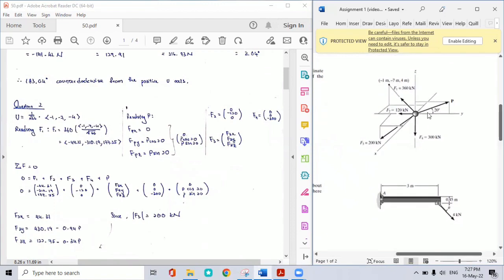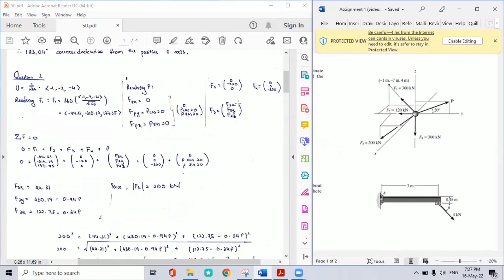For F2, it is located in the Y direction, and therefore the Y direction will have negative 120 newtons, and the X and Z will be 0 and 0.